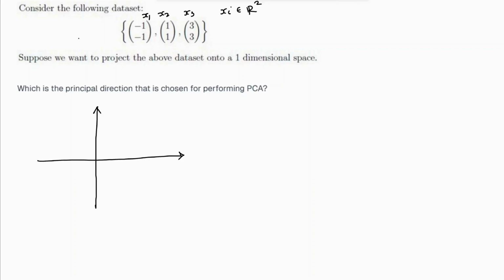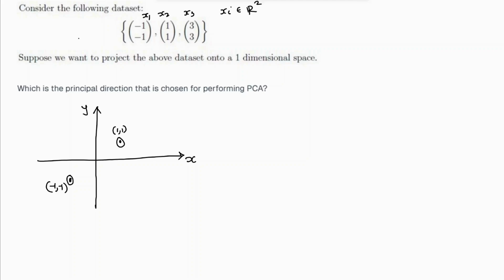So let me write R2. Let me write x and then y, right? So where is minus 1 comma minus 1? It will lie somewhere here. So this is the point minus 1 comma minus 1. Now we need 1, 1, which is somewhere here. This is the point 1 comma 1.